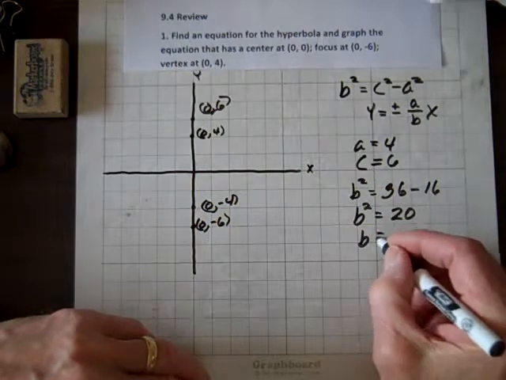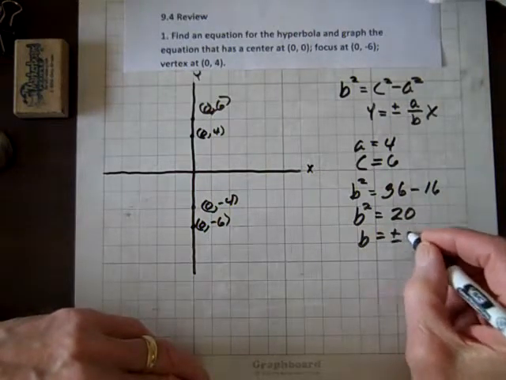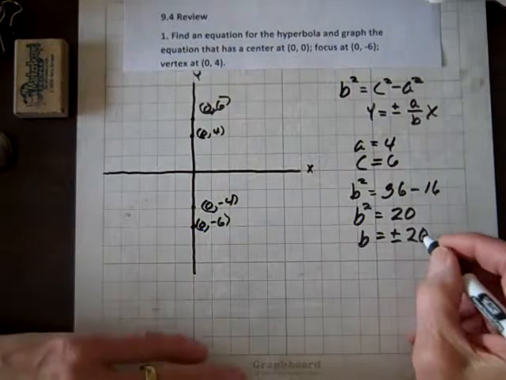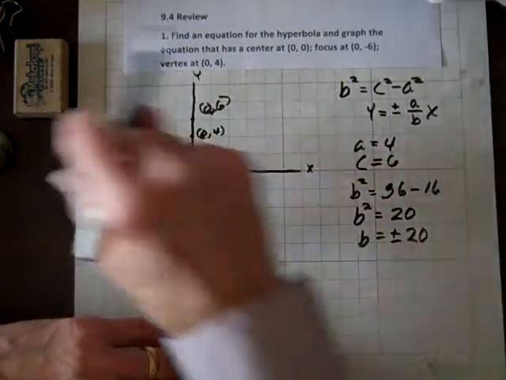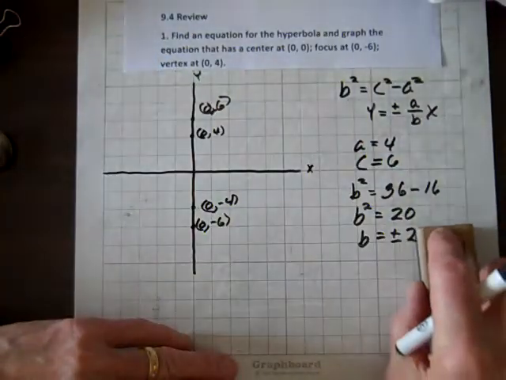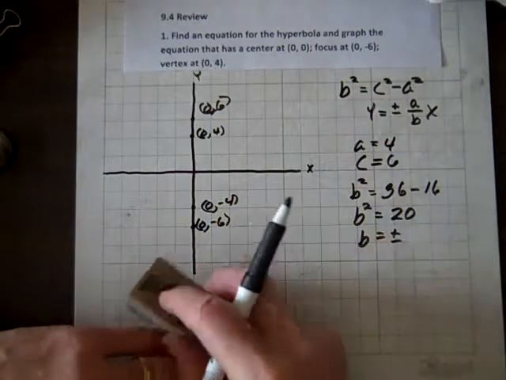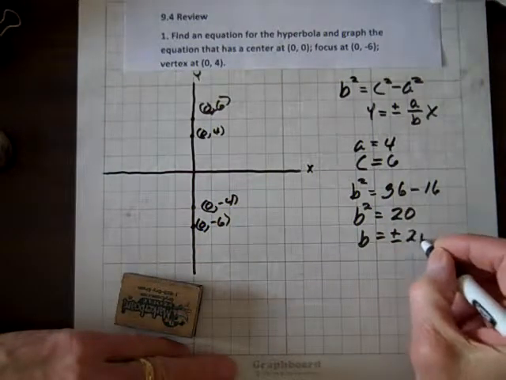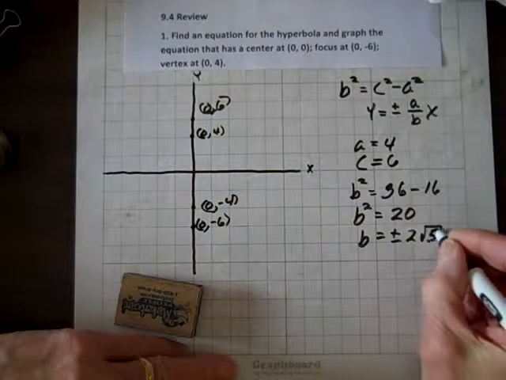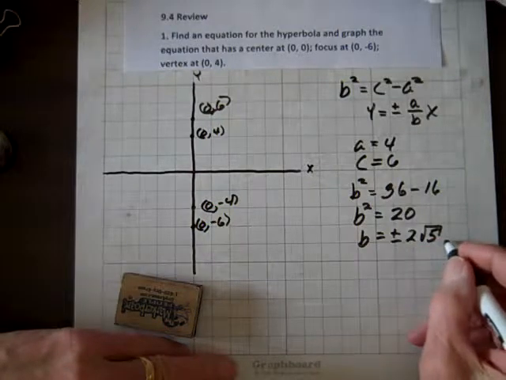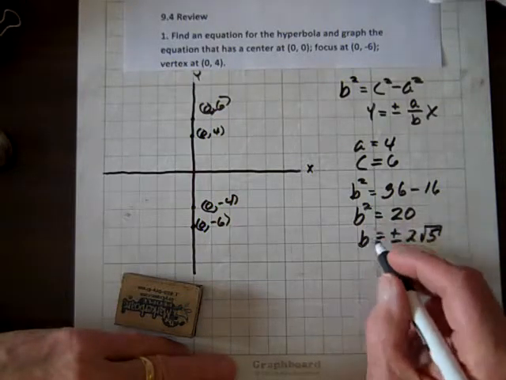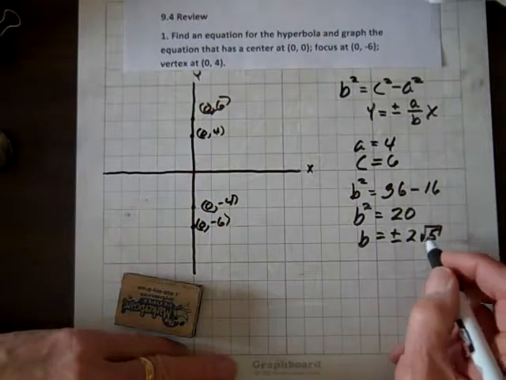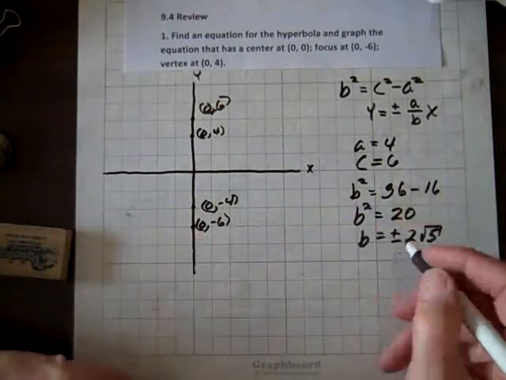So b, the solutions to this are plus or minus root 20. Square root of 20, which is 2 root 5. So b is 2 root 5. The solutions to b squared equals 20 are plus or minus 2 root 5.